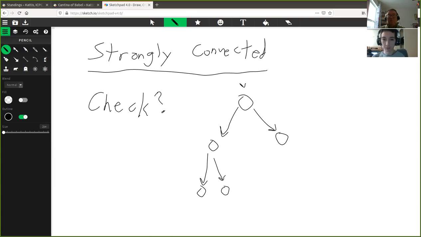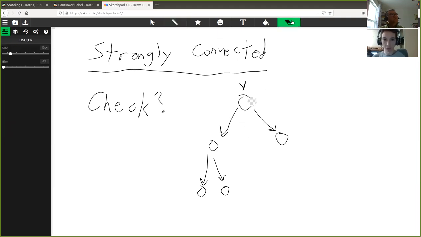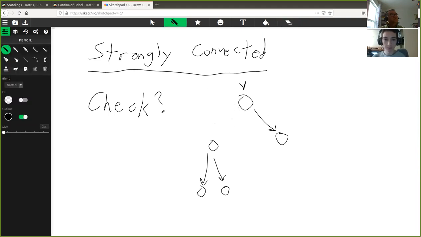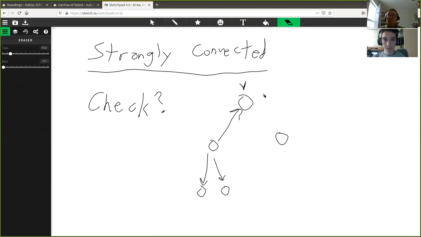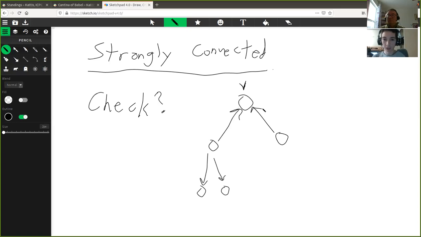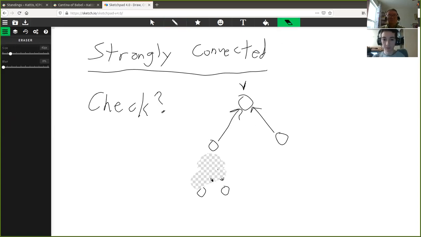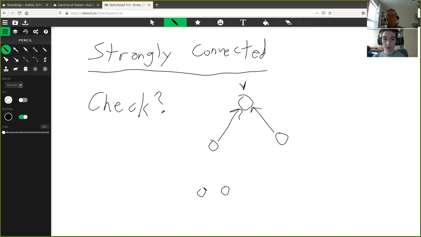We can also check if everything can reach V in linear time, and that is done by just reversing the directions of all the edges. If in this reversed graph V can reach everything, then in the original graph everything can reach V. In this example, V can't reach anything actually, but if there was an edge here, then we could DFS and see if it can reach everything.